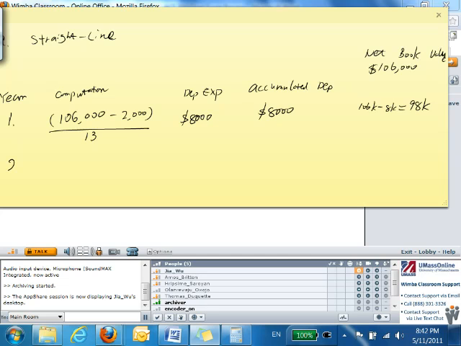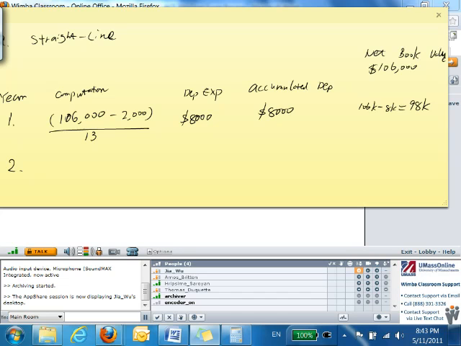For year two, straight line depreciation, the computation is the same. Straight line depreciation expense is the same every year until the net book value drops to the residual value.